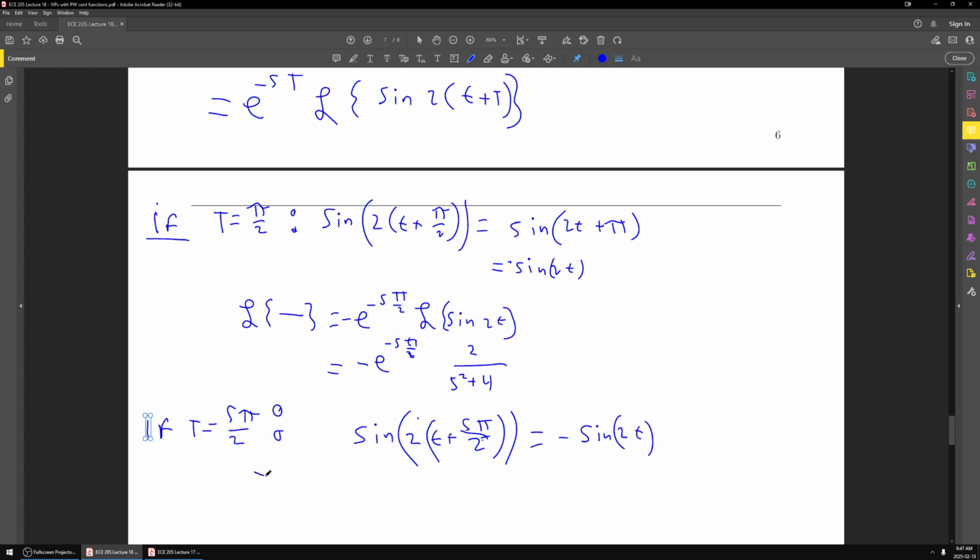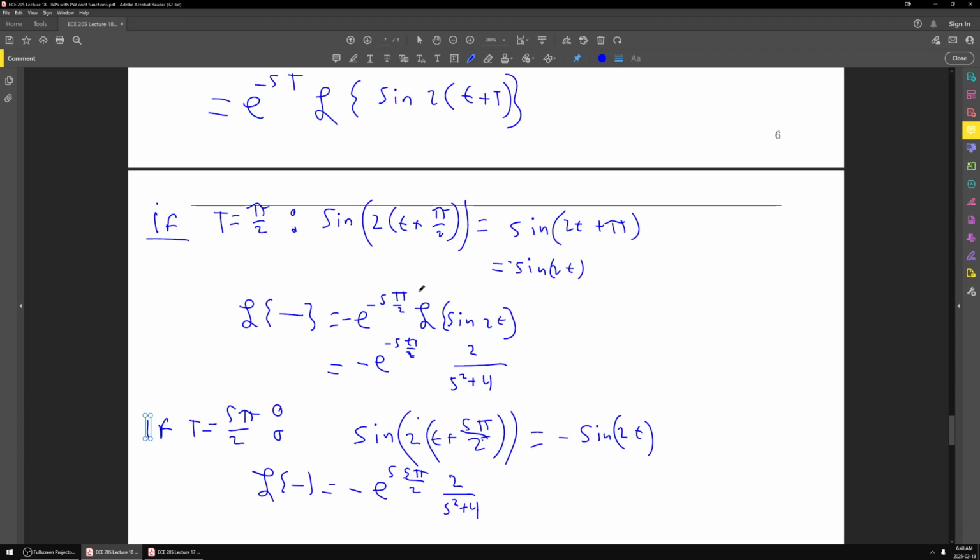So when I take my Laplace transform of this, I'm going to get a similar expression, just shifted. Here I'm going to get negative e to the minus s 5 pi over 2 times 2 over s squared plus 4.